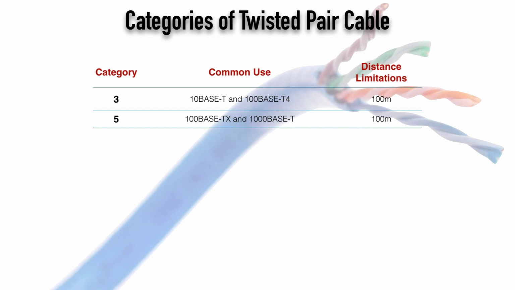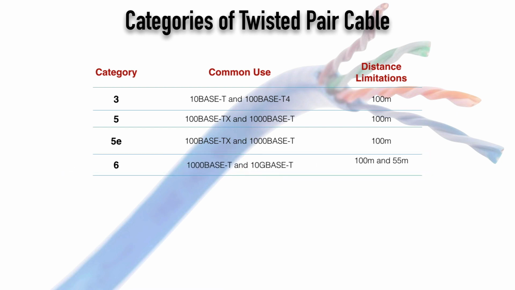The main difference between Category 3 and Category 5, well, Category 5 might have had a different gauge of wire, a thicker wire, but also it was twisted more tightly. We could even run 1000BASE-T over Category 5. If we do that, though, we're using all 8 wires, not just a couple of pairs of wires. Category 5E improved some of the specs on Category 5. Still, though, it could transmit 100BASE-TX or Fast Ethernet, or it could transmit at a gig rate.